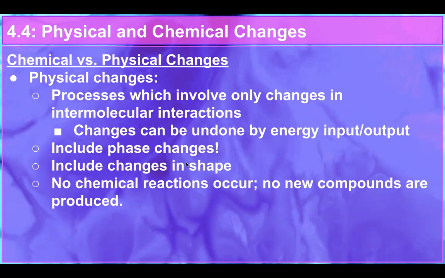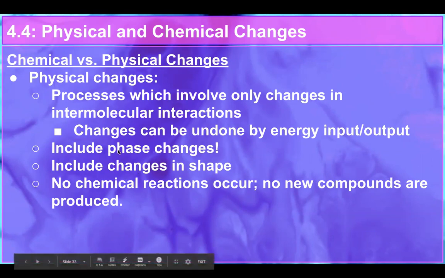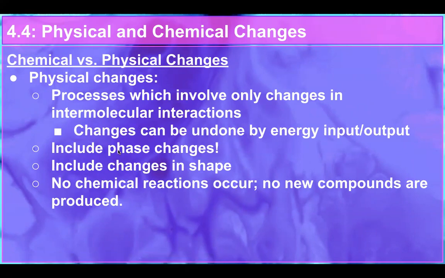Physical changes just manipulate the intermolecular interactions. So energy can be put in to do that, or energy can be taken out to do that. So if we go one way, we could reverse it and go back to the state that we were in before. So the big thing is changes in phase, going from gas to liquid, liquid to solid, or solid to liquid, liquid to gas, so on.